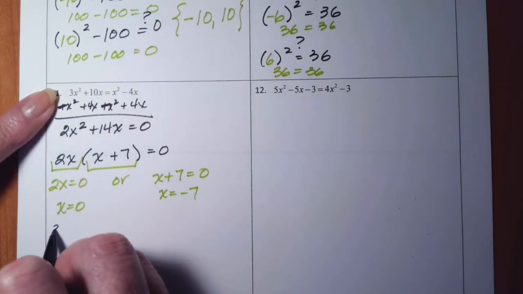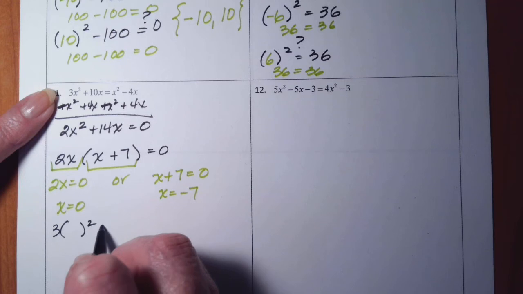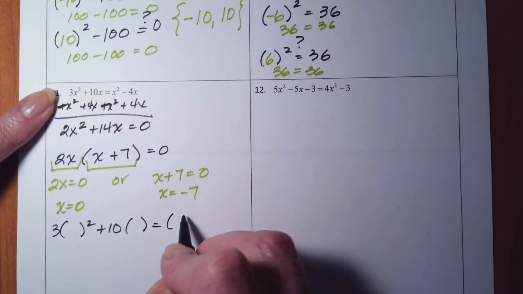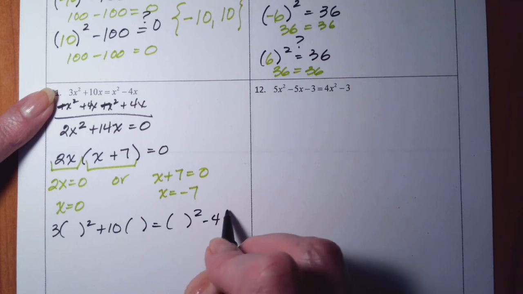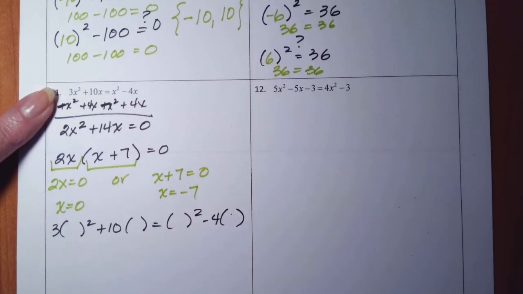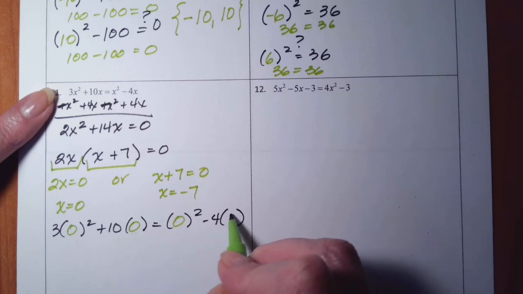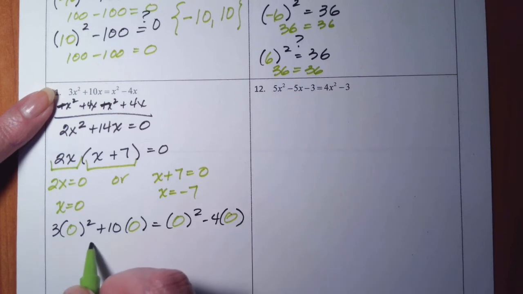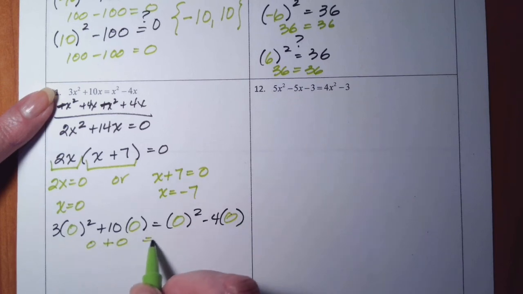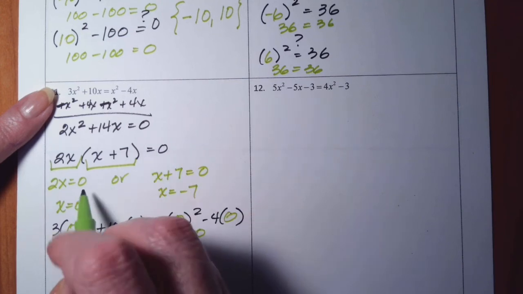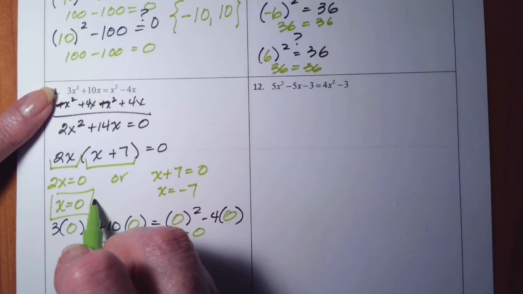So I know I've got 3 times something squared plus 10 times something is equal to something squared minus 4 times something. So if I plug in zeros here, this gives me 0 plus 0, which is equal to 0, minus 0. So the x equals 0 checks.